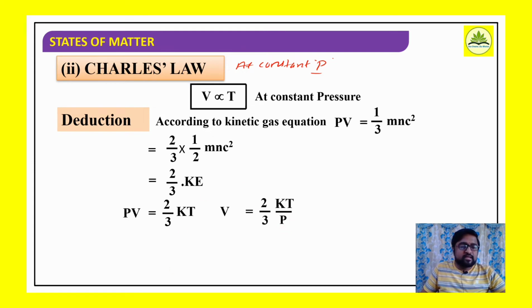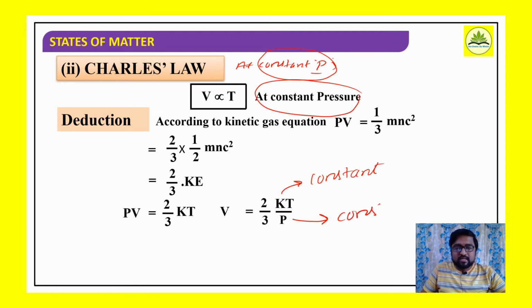So what we said in Charles law, pressure is constant. So at constant pressure means, here K is a constant, and what about P? Say pressure is also kept constant. Therefore, what is this quantity? 2 by 3 K divided by P whole remains constant.